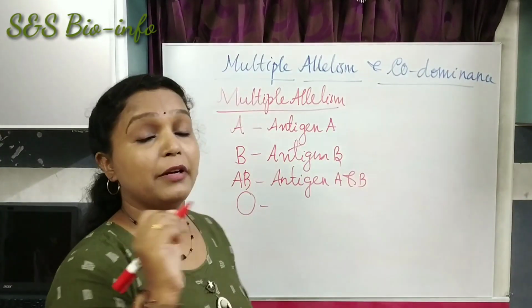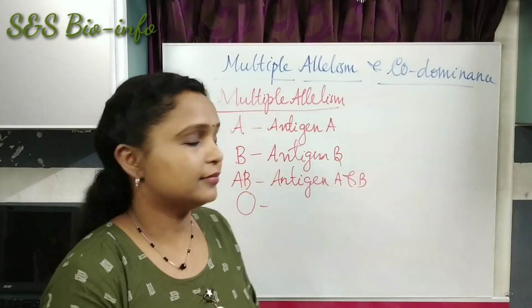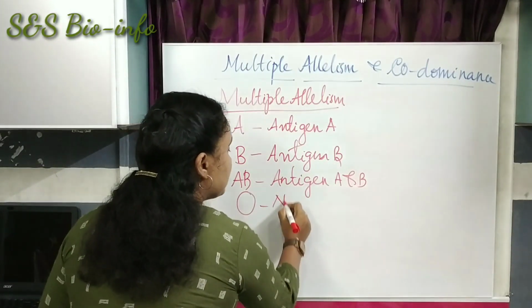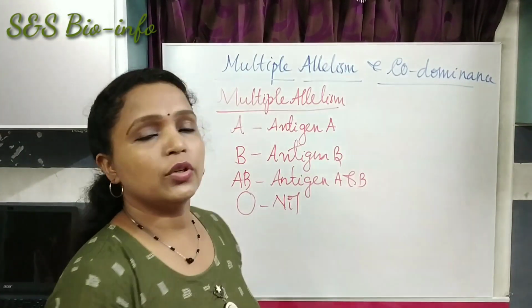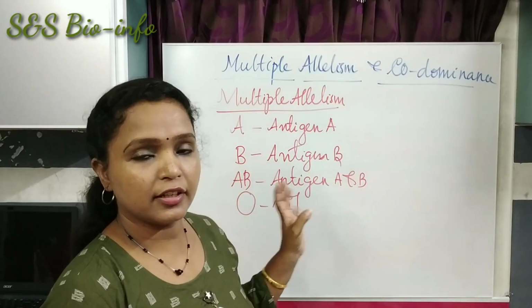In case of blood group O, no antigen, so antigens are absent. So these are the 4 different types of blood group.